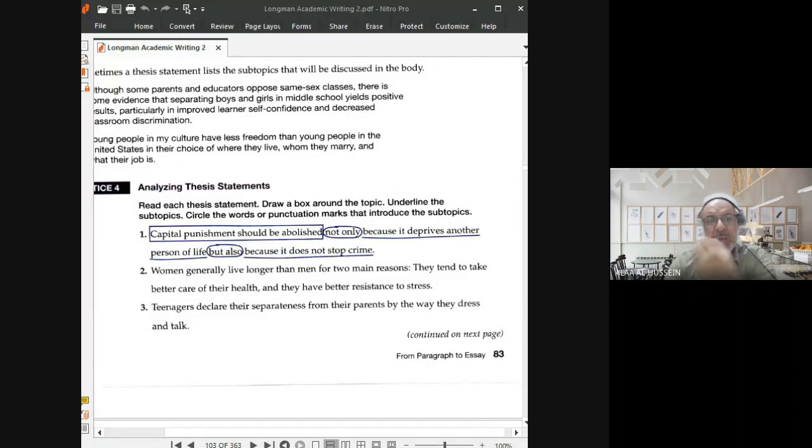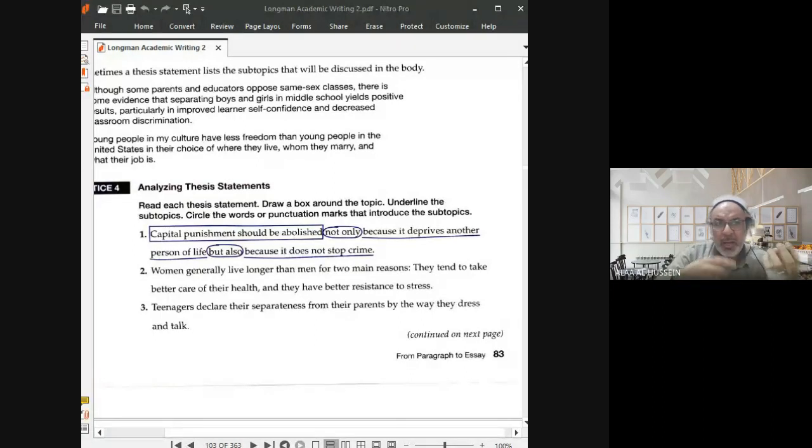They don't belong to the topic. They belong to the idea. Should be abolished because it deprives another person of life. So should be abolished is the main idea. Deprives another person is a sub idea.